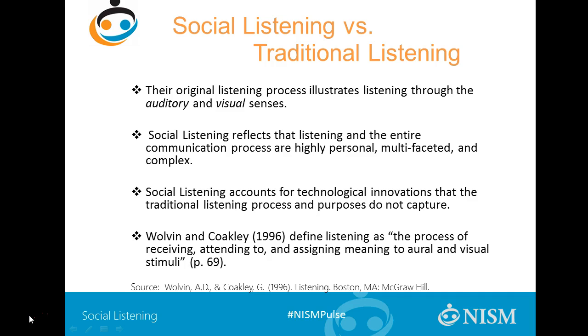Social listening acknowledges all of these aspects, but then also reflects the evolving process that involves acknowledging the role of technology and mediated communication. So social listening seeks to capture the fact that as our communication vehicles evolve, our listening process needs to evolve as well.